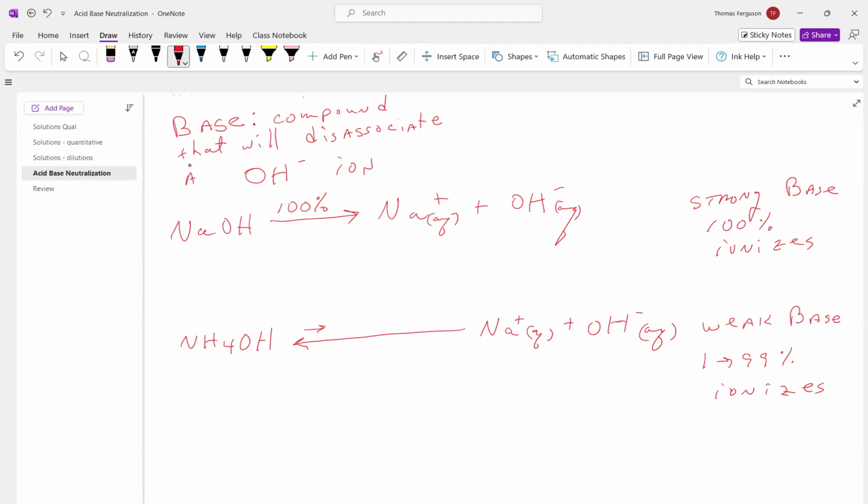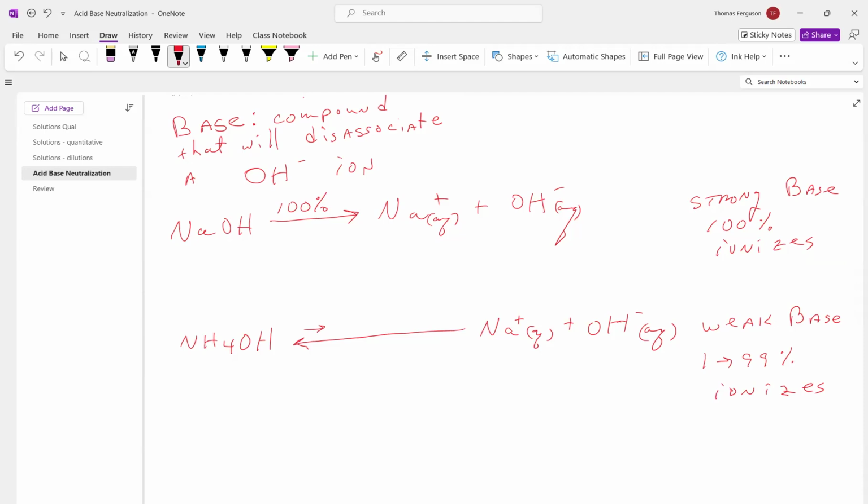With a weak base, part of it ionizes and the remainder remains unionized. Now that's a very important distinction. There are very few strong bases. There's sodium hydroxide, potassium hydroxide, and some of the alkali earth hydroxides are also strong. Most bases are weak. There's probably 1 million or so weak bases, particularly in the biochemical realm.